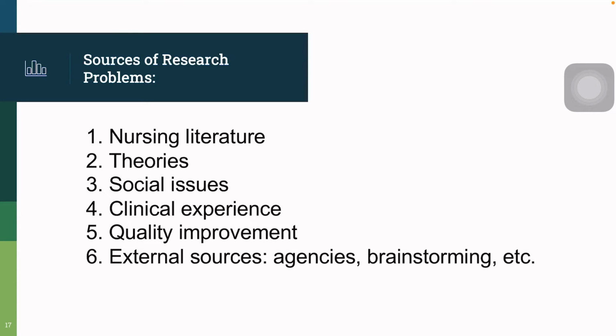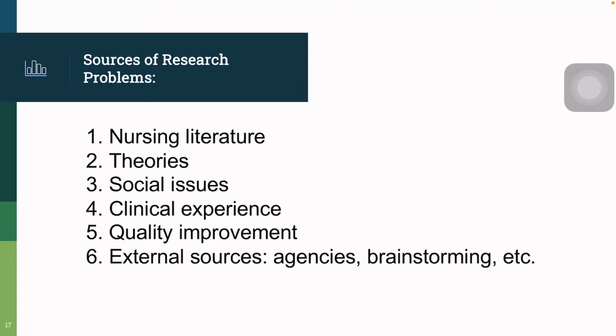The nursing literature can also be a valuable source for research problems, particularly for novice researchers. For example, the researcher might identify a topic of interest and then review the nursing literature to determine which kinds of studies have been done in that area. Seeing how other researchers have approached a problem can often spark new ideas and perhaps point to studies that would benefit from replication.